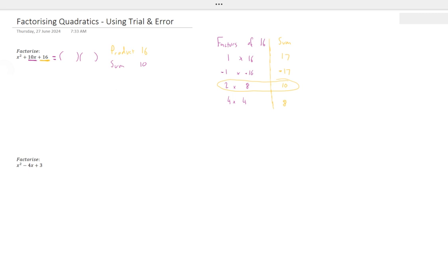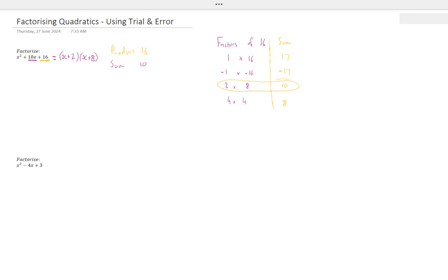We're using x, so I'm going to have an x, and now I write in my two numbers that we found. We found that positive 2 times positive 8 gave us 16, and 2 plus 8 gave us 10. Because it's a positive 2, I'm going to write plus 2. Because it's a positive 8, I'm going to write plus 8.